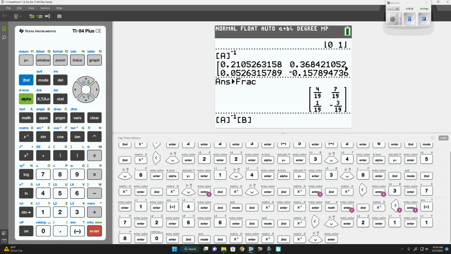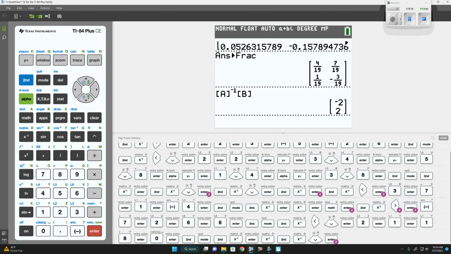You can put the multiplication symbol between them if you want. You don't have to. The calculator understands that two matrices next to each other are being multiplied. It is not incorrect to put the multiplication. If you want to make sure that it does it correctly, you can do that. You can put both of them in parentheses if you want.